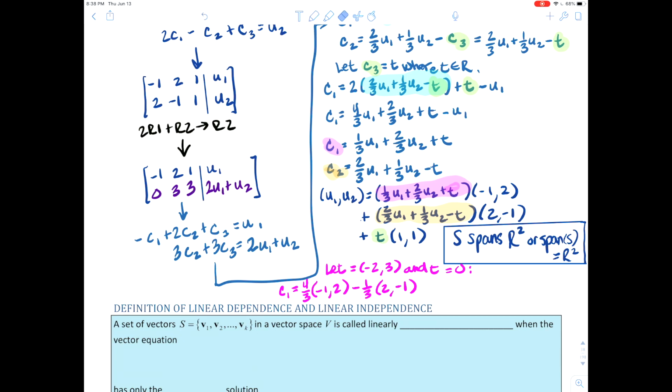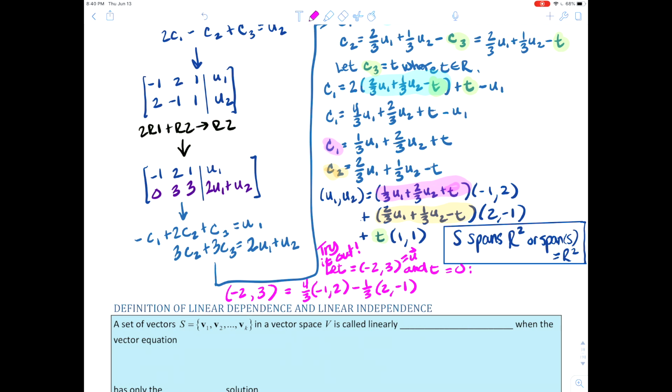Sorry, I did the whole thing. So that's our U vector, -2, 3, which should equal this. We just pick that out just to try it out. If you look at the right-hand side, let's check to see if it matches.